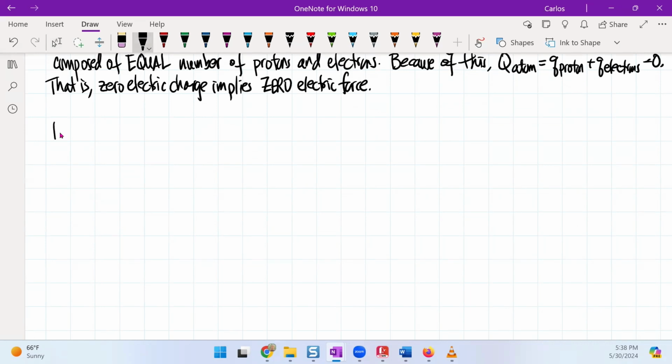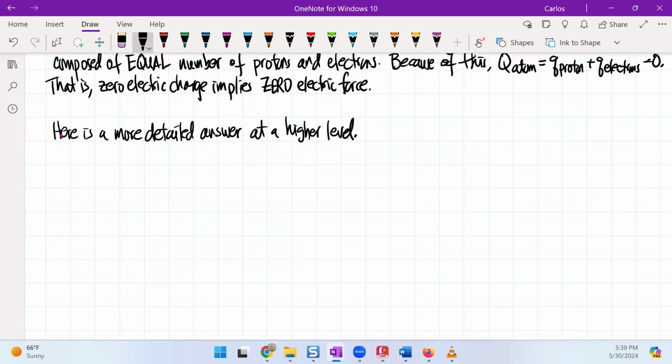So here is a more detailed answer at a higher level. And it goes like this.